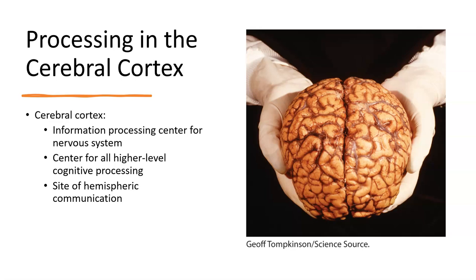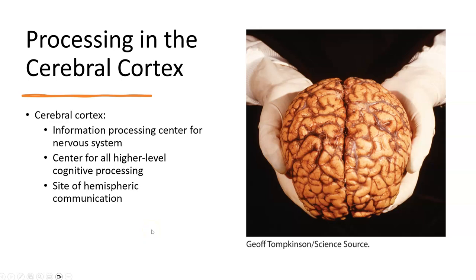It's the place where intelligence happens, where problem solving happens, where personality is housed, where the integration of our own personal story is housed. It's also where, as you can see on the image, you have this split right down the middle of the brain.